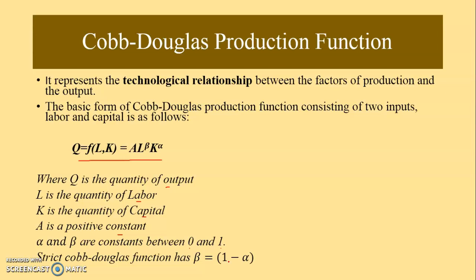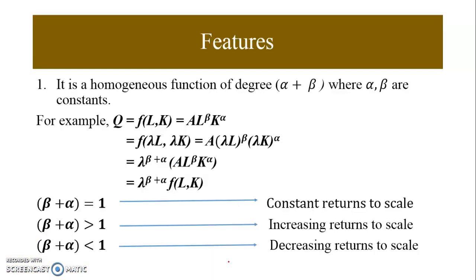Okay, and this function is usually given in your question, so you don't have to calculate it on your own. When we talk about the features, the Cobb-Douglas function is a homogeneous function of degree alpha plus beta, where alpha and beta are constants, and we have already discussed homogeneous functions.